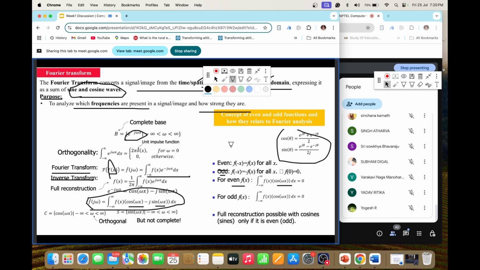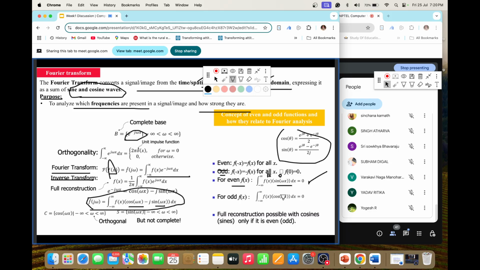So f(x) is your even function, and even into odd will always be odd. And we know that if we integrate any function from minus infinity to plus infinity, and the resultant is an odd function, our value will always be 0.